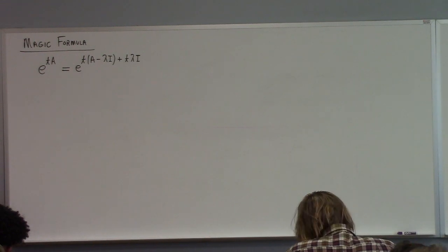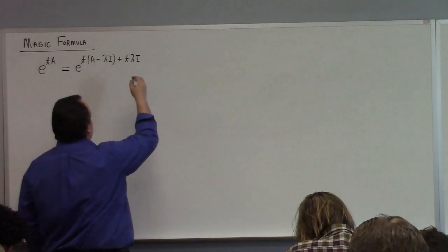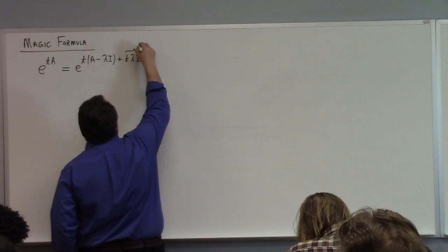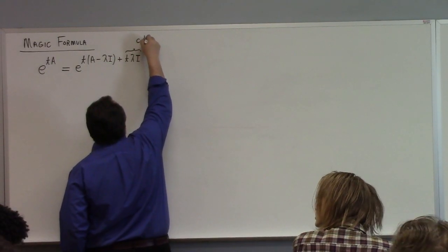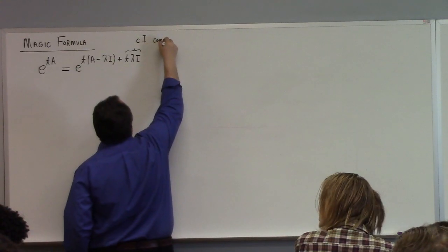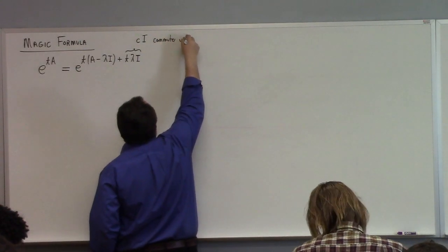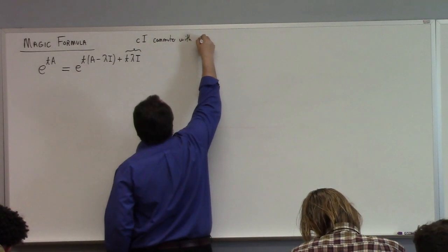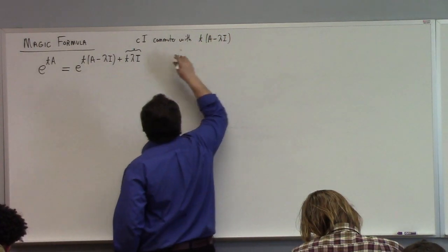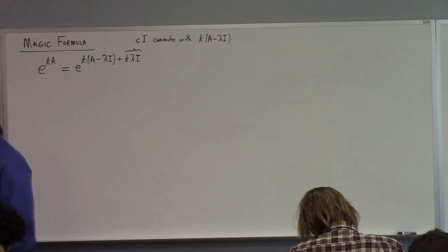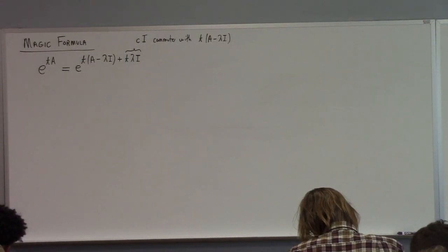Notice here that this matrix has the form of a constant times the identity, right? So this commutes with the other matrix there, because a constant multiple of the identity will commute with any other matrix.